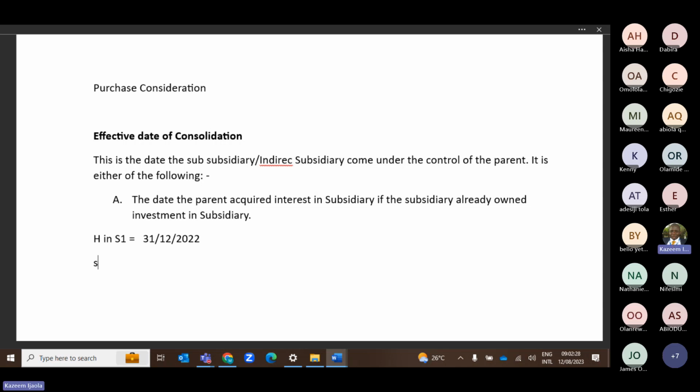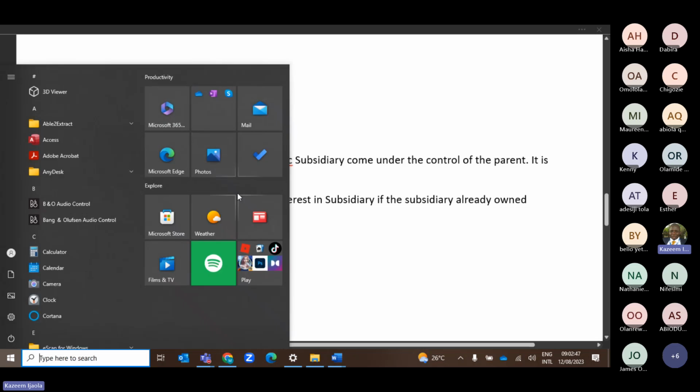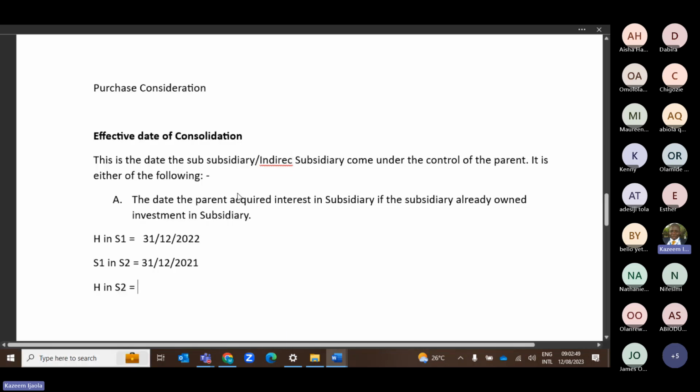Then we have S1's investment in S2 on 31st December 2021. So who can tell me the date that H will use in consolidating S2? What date do you think H will use in consolidating S2 as a sub-subsidiary?